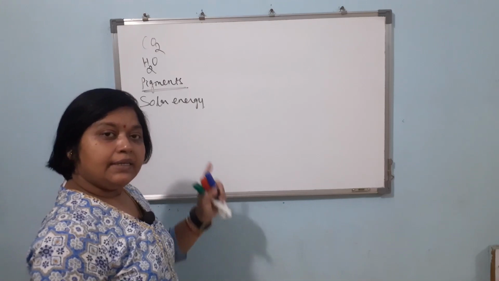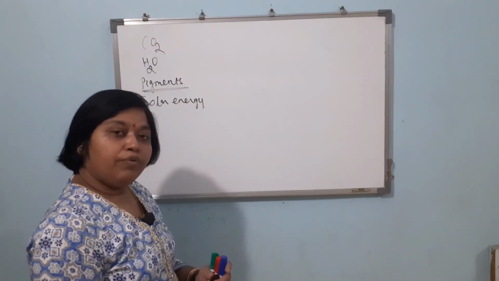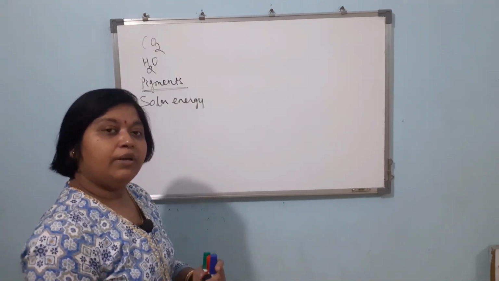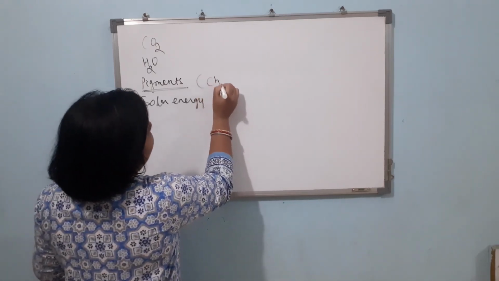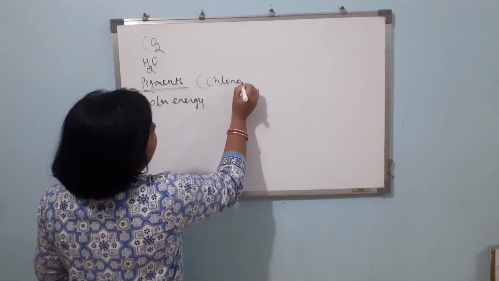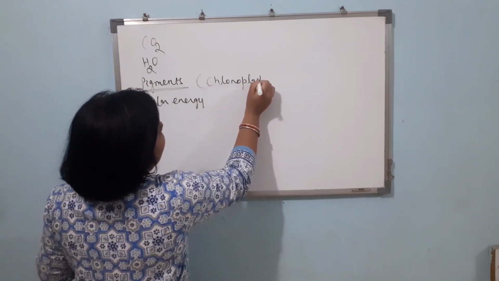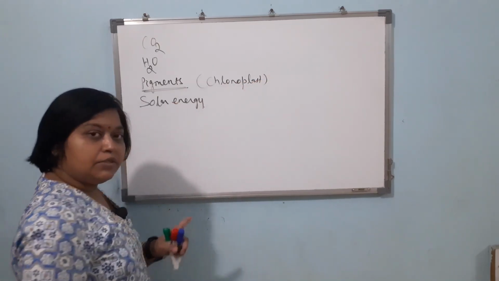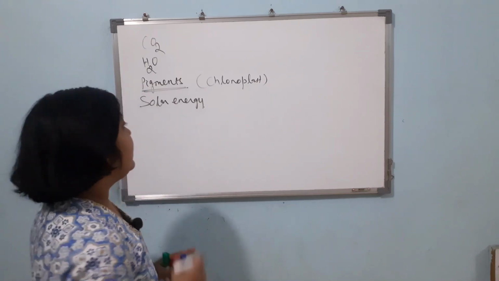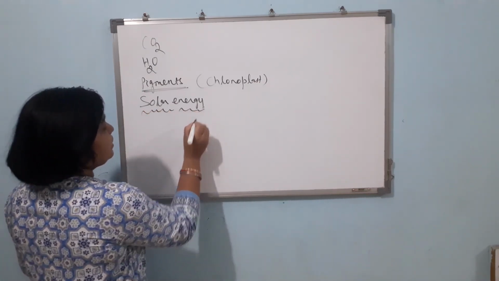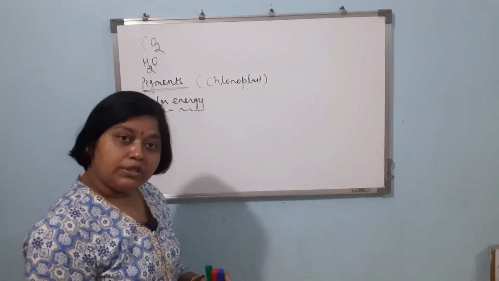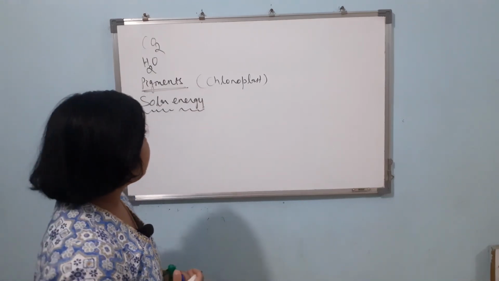Pigments like chlorophyll A, chlorophyll B, carotenoid, xanthophyll, and phycobilin are present in the chloroplast and help to trap solar energy for photosynthesis in plants. And this solar energy is the only energy source for the photosynthesis process.